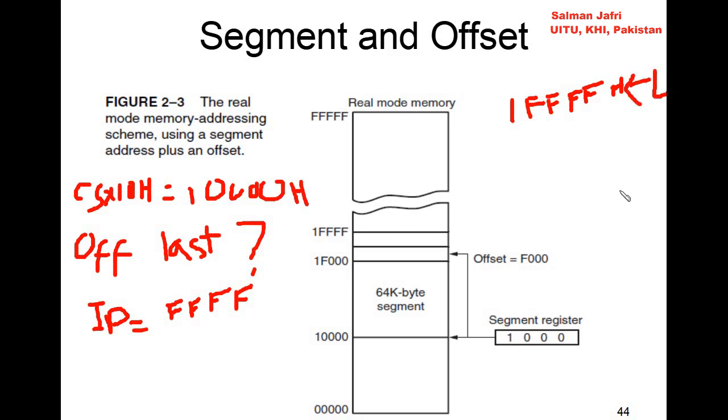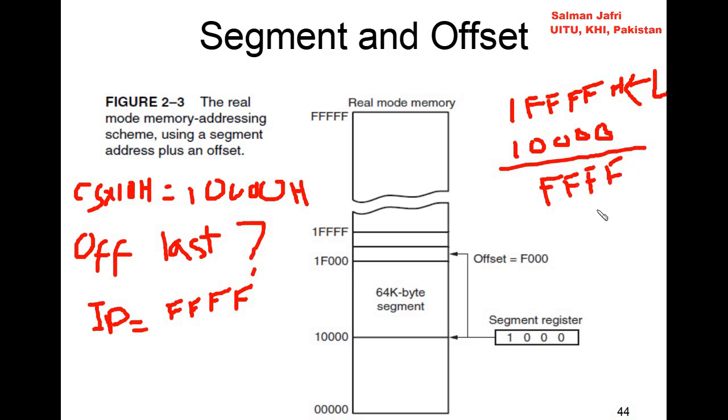And what was the physical address of the first location? 10,000H. So one of the ways of finding the length of this particular segment, the total number of locations in it, is to subtract the first location physical address from the last location physical address, which comes out to be FFFF, right?